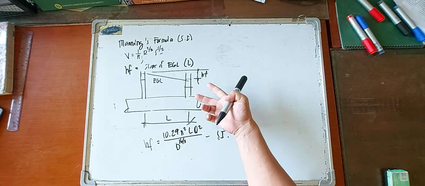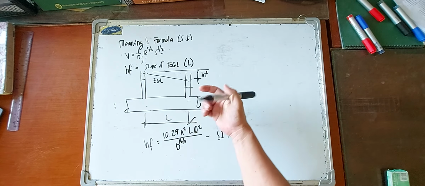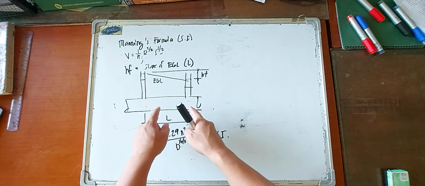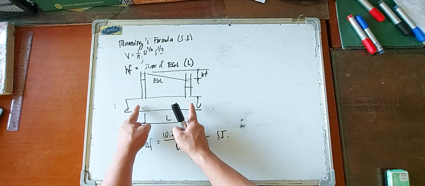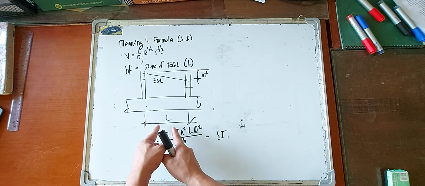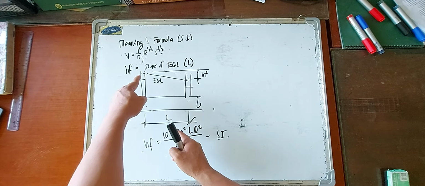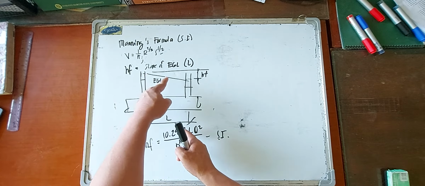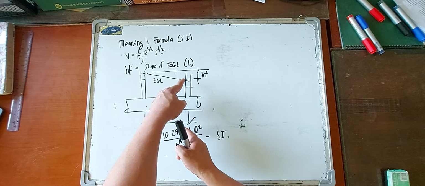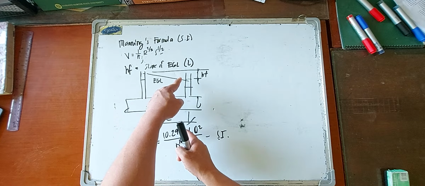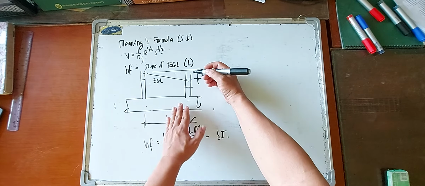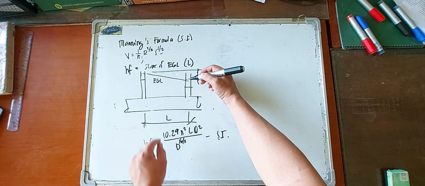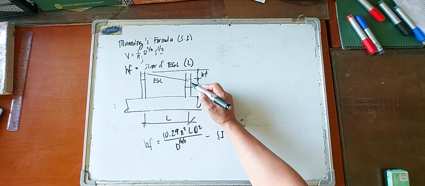So review lang natin the head loss. For example, ito yung pipe natin. Maglagay tayo ng dalawang piezometers between 2 points, certain distance. Okay, the energy grade line would look like this because of frictional losses, energy loss due to friction. So kung wala sanang frictional losses, magkapantay itong dalawa. But because of frictional losses, mas mababa itong second point.